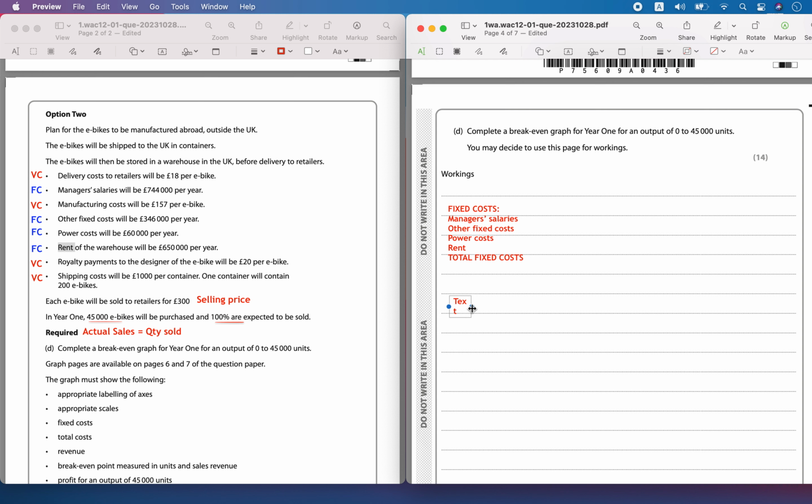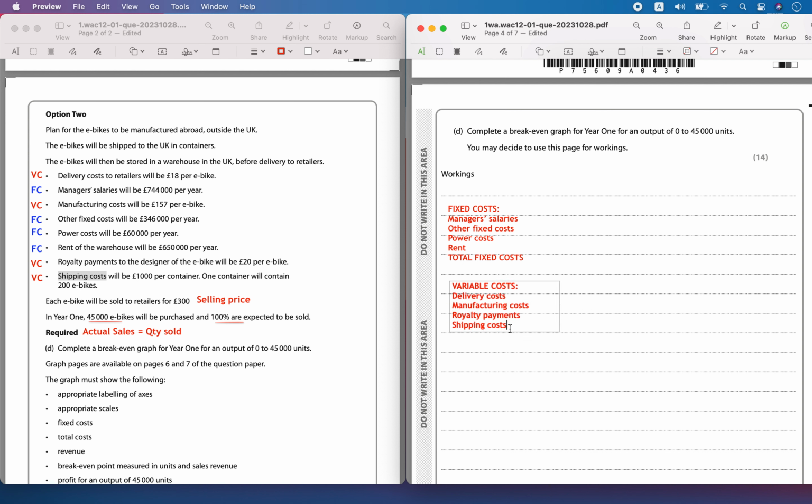Then you have the variable cost. The variable costs are, first, the delivery cost. Then we have the manufacturing cost, then the royalty payments, and then the shipping costs.